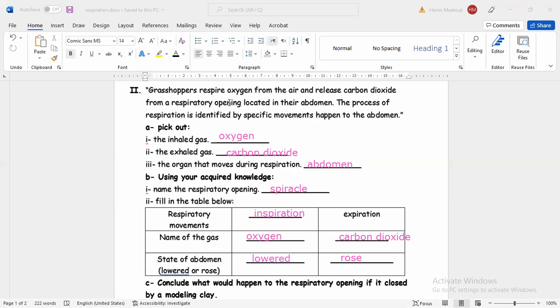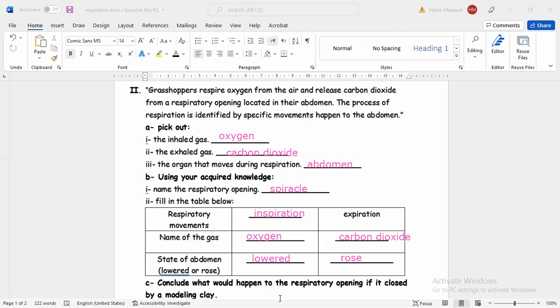So if it is closed, the oxygen will not enter, and so the animal will die. And also the carbon dioxide will not be released, so it will stay in the body, so also it will die.